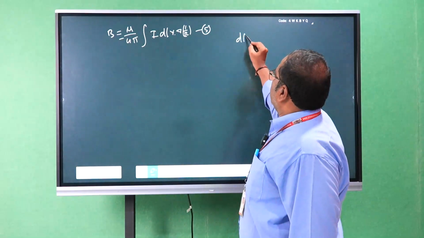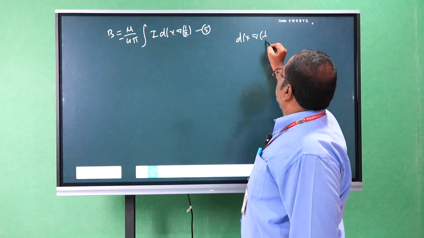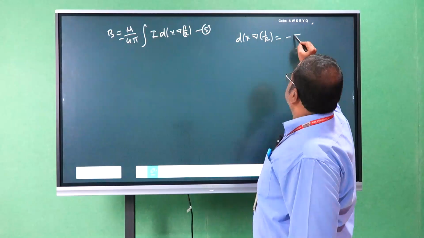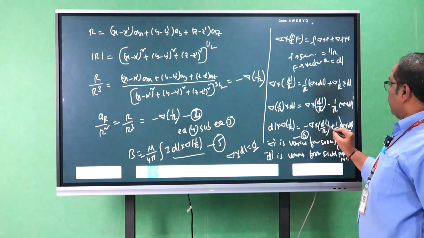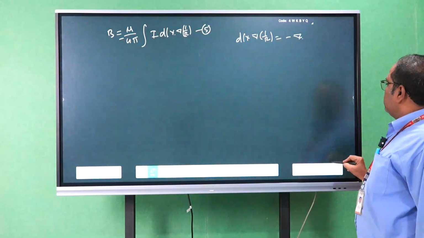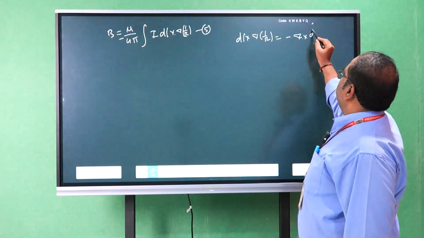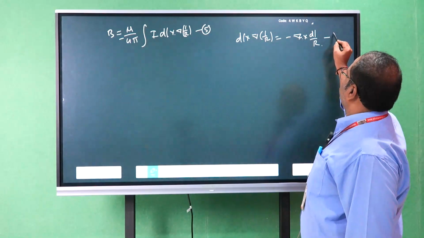But dl cross del(1/r) gives minus del cross (dl by r), equation number 6.